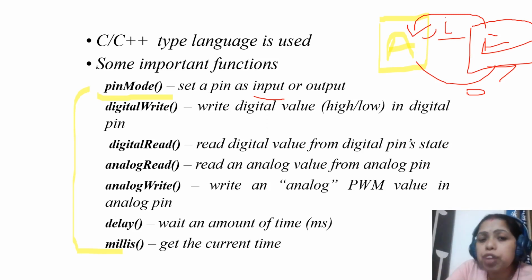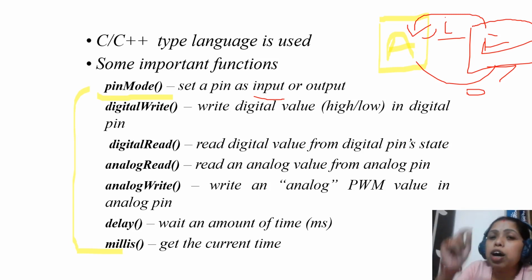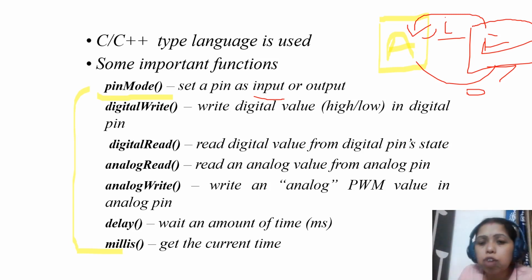So the pin configuration is required, and for that the pinMode function is required. You have to initialize the working function of that particular pin. The opposite phenomenon is related to the output pin.